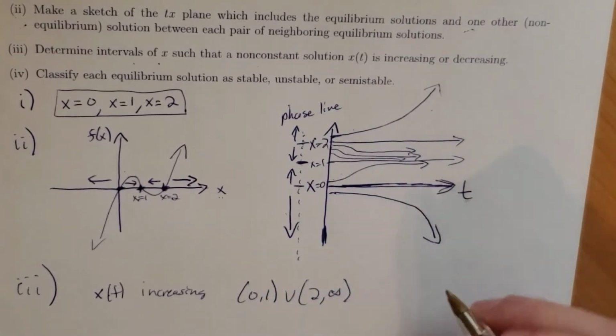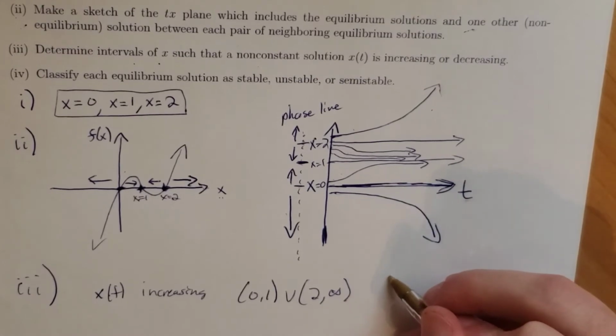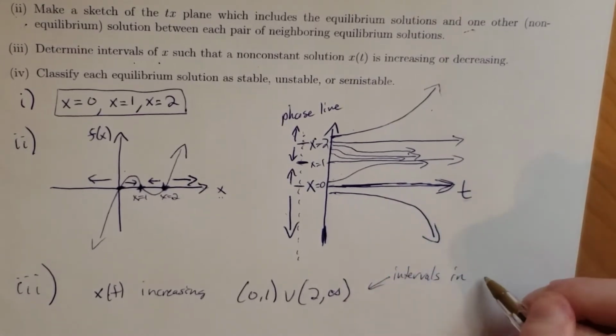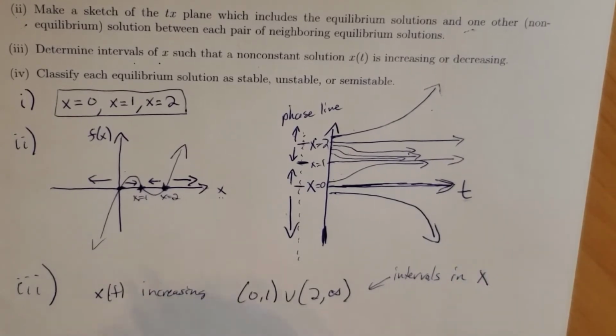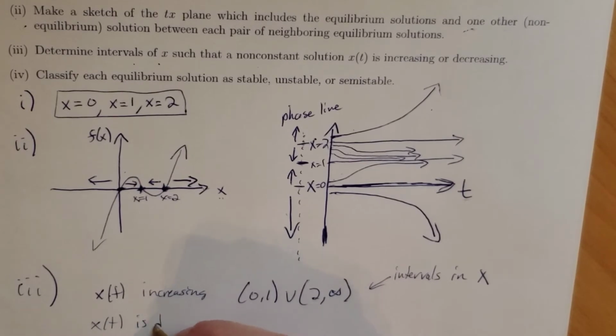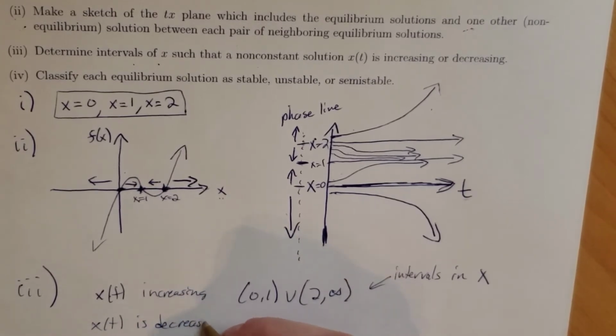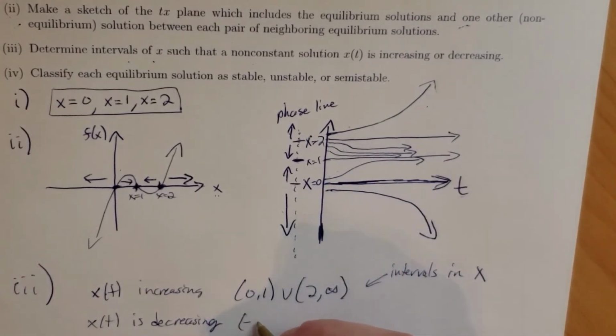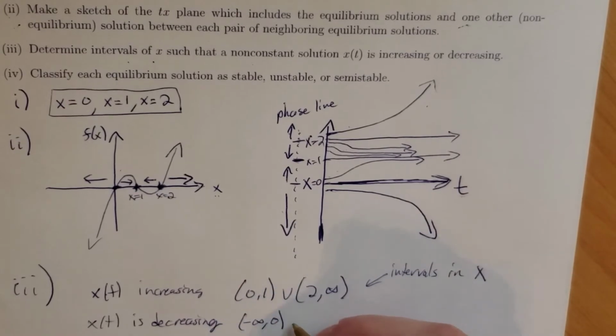This is in terms of x. These intervals are intervals in x. And x of t is decreasing. Where is that decreasing? Well, it's decreasing from negative infinity to 0, union 1 to 2.